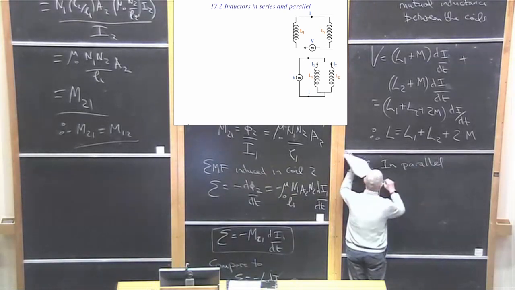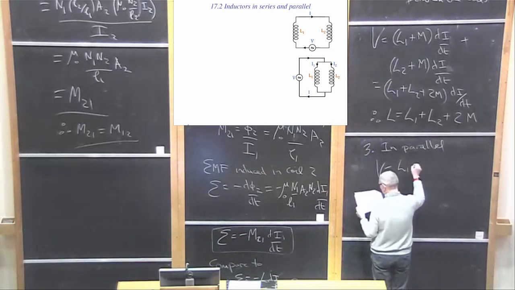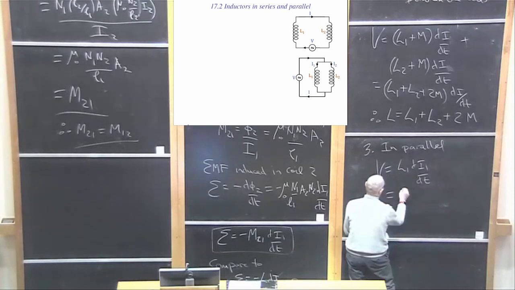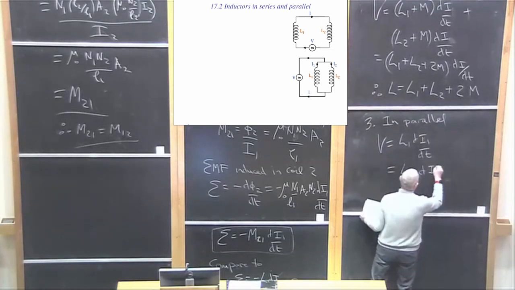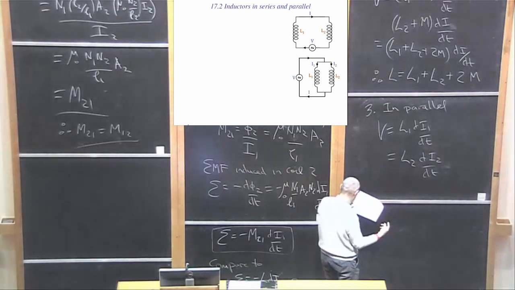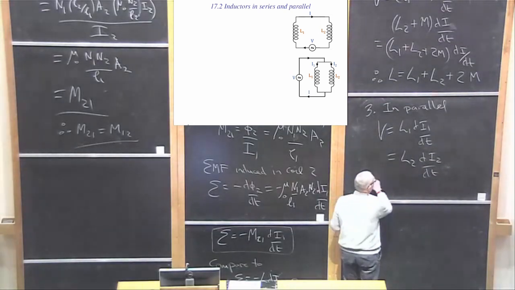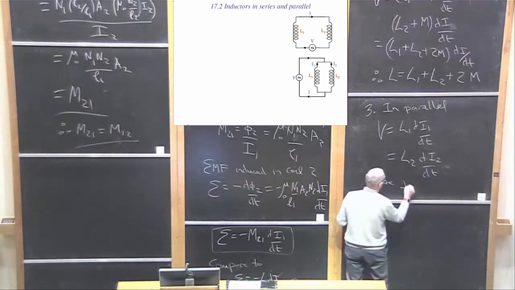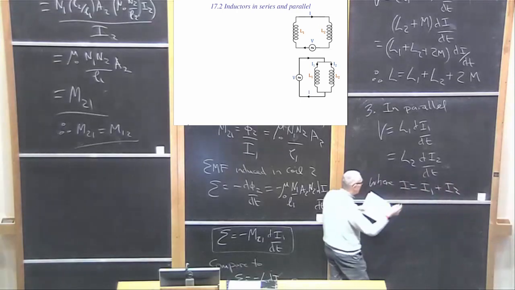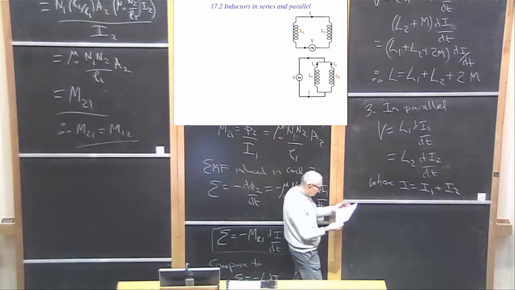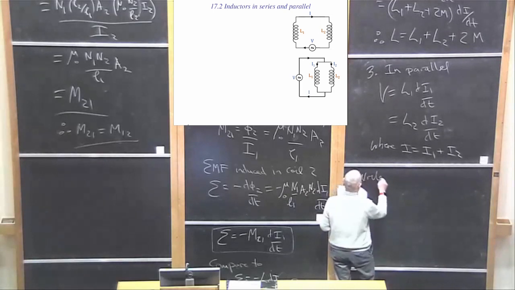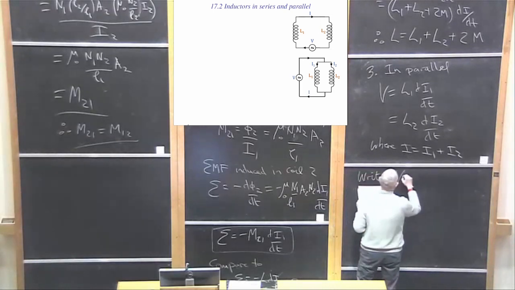So I write V is equal to L1 di1 by dt is equal to L2 di2 by dt, because they're in parallel, the V is the same, where I is equal to I1 plus I2. So this is the current flowing through the circuit. So I'm going to write V is L1.